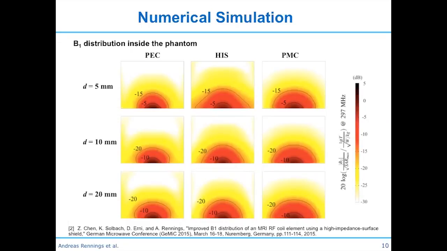So the area with high B1 plus is broadened. You can see that this width is more narrow than that one. And except this very close value here, when we compare HIS and PMC, we see quite good agreement. First of all, the field is broadened, and second, the penetration depth is also getting a little bit larger. So here it stops, here it goes up to that point, and the value is quite similar.